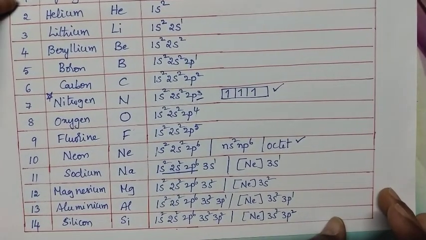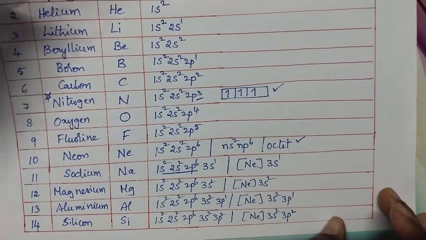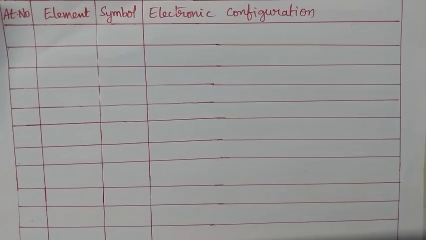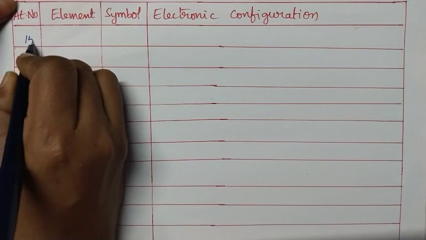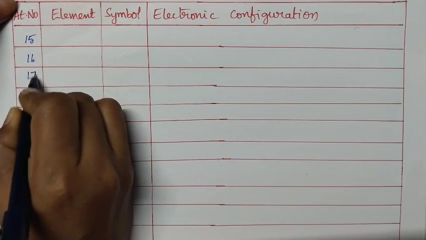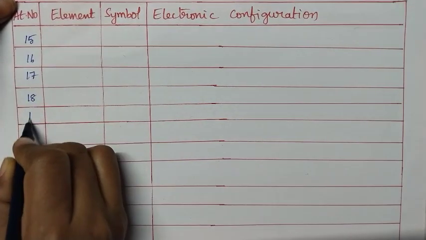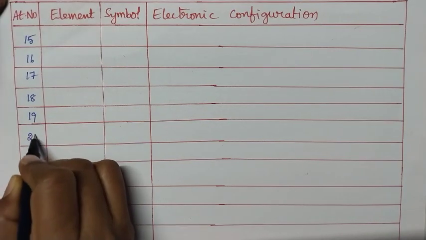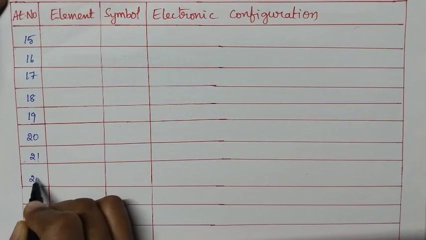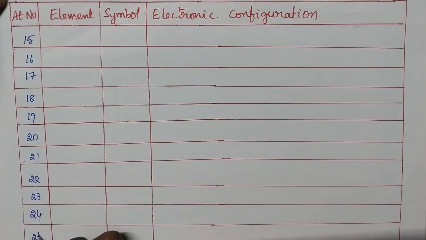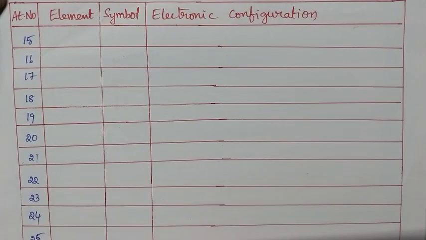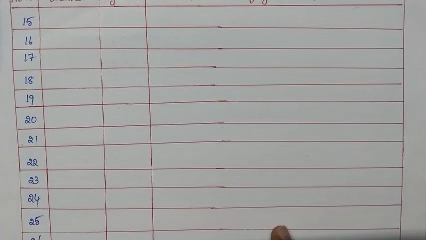Students, is it clear about the electronic configuration of elements up to atomic number 14? Next, we will discuss about the remaining elements. So, atomic number 15, 16, 17, 18, 19, 20, 21, 22, 23, 24, 25 and 26.